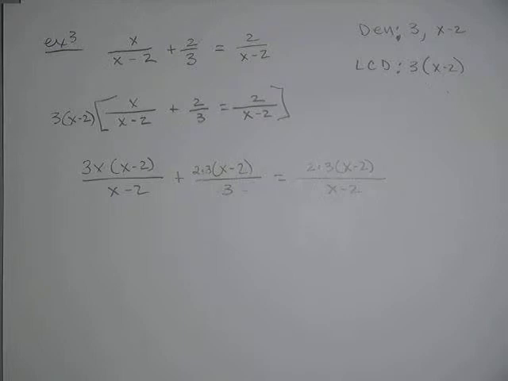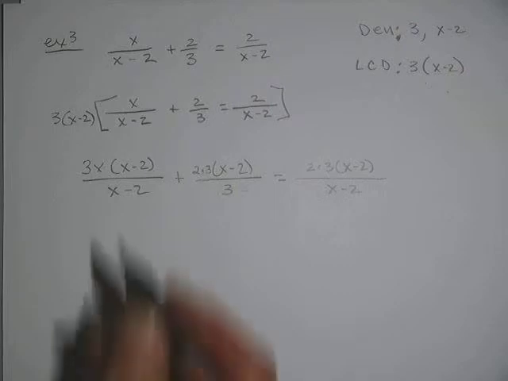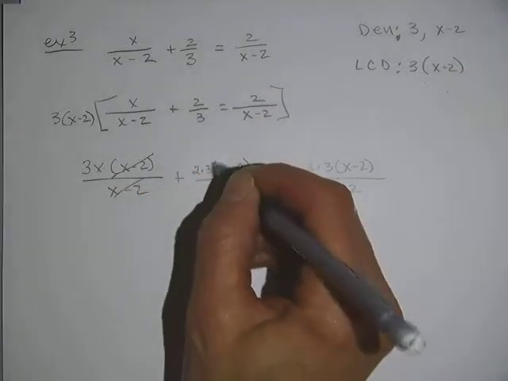I want to point something out. When you multiply, and you've got this, and you're multiplying it in, before you even multiply, can you see something that can be canceled right away? Yeah, the x minus 2's. And now I go ahead and multiply it in, and those 2 cancel. In the next one, notice that the 3's cancel.